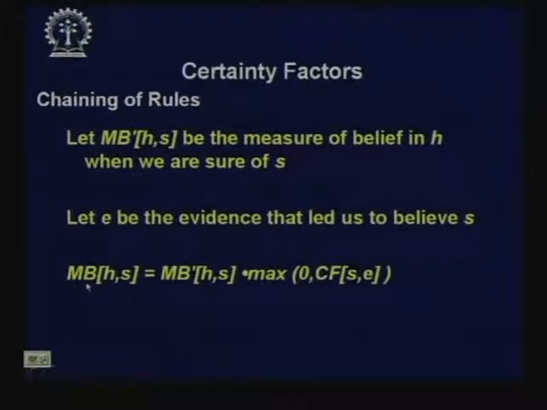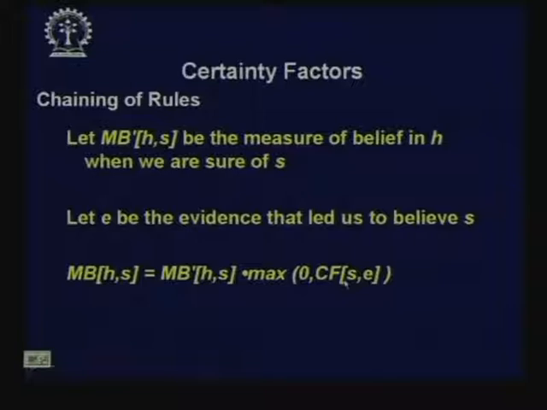Therefore, given the uncertainty in S, we will have to modify the MB prime by multiplying it with the max of 0 and the certainty factor of S given E. If this is 0, then this entire thing will be 0.